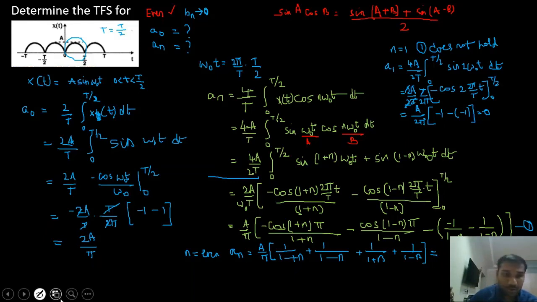So simplifying this further, I'll write it at the same place. I will combine these two and write as 2 by 1 plus n, and these two I'm going to combine and write as 2 by 1 minus n.